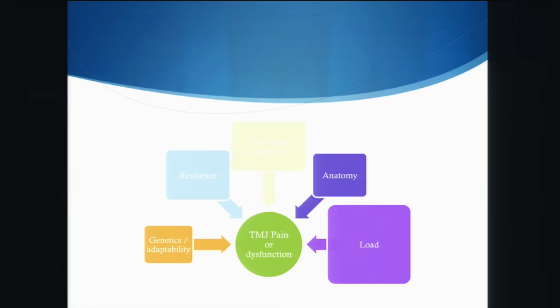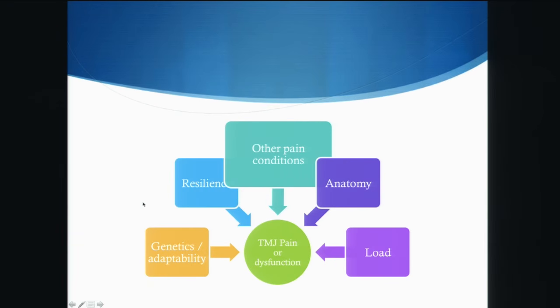Once we started opening our mind a little bit out of the box, we brought in these two conditions, other pain conditions, because it's well known that if you have chronic pain in your leg, chronic pain in your back, chronic migraines, and then you develop TMJ disorder, you will perceive that as worse. That's just the way the brain works.